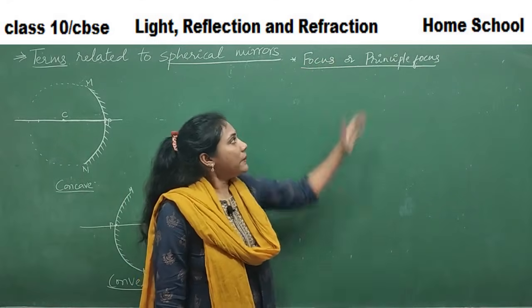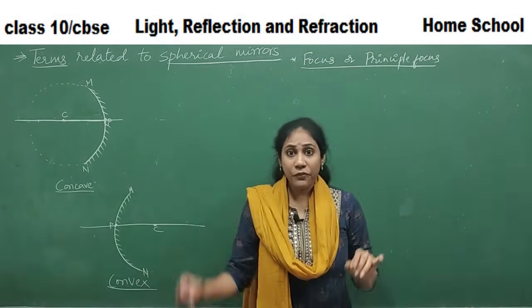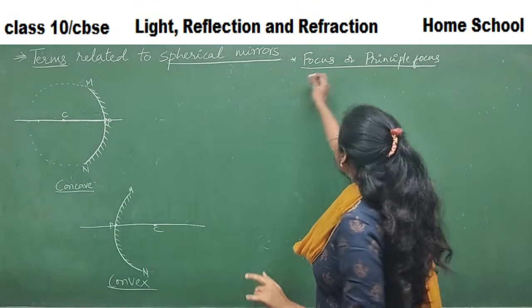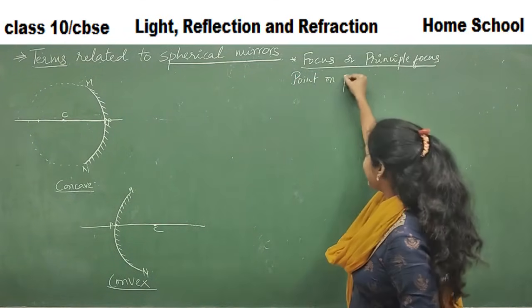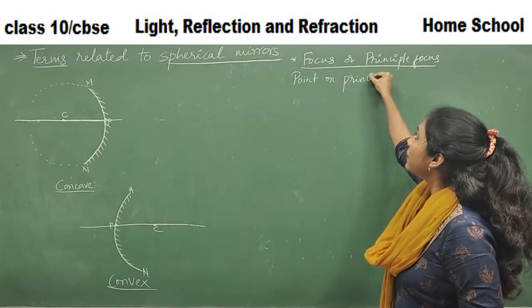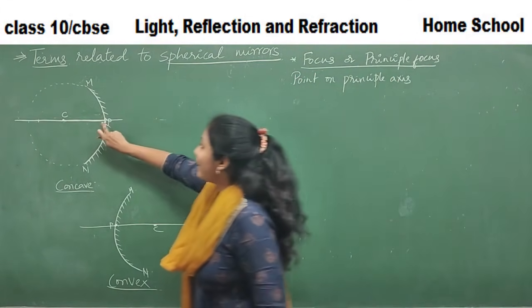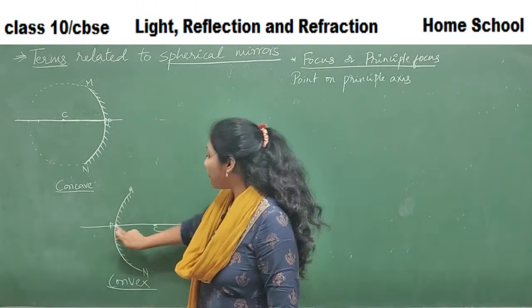See, focus or principal focus is a very, very important term to understand clearly. First, let me give its definition. Focus or principal focus is nothing but a point on a principal axis. You all know what you mean by principal axis, right? It is the imaginary line that passes through the center of curvature and pole.